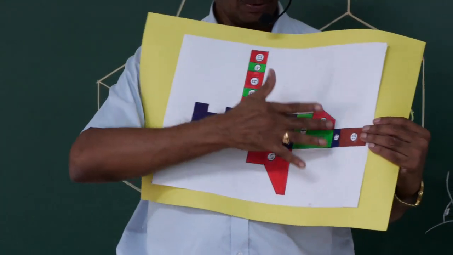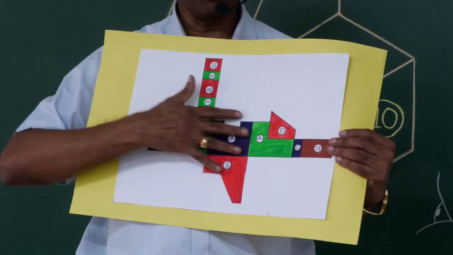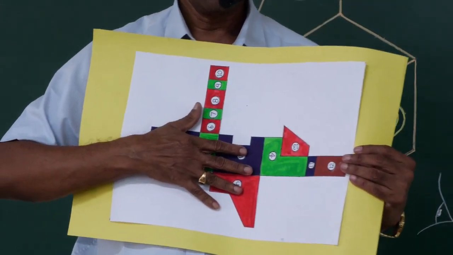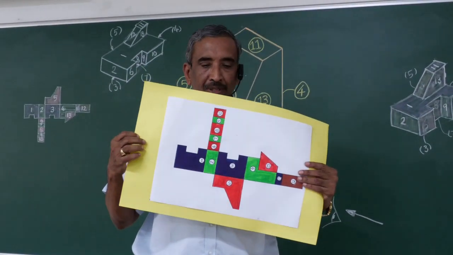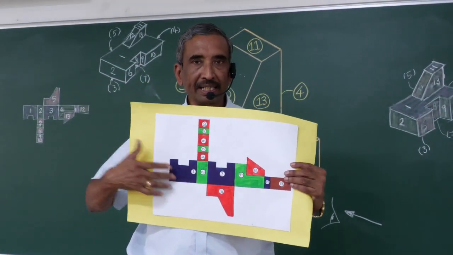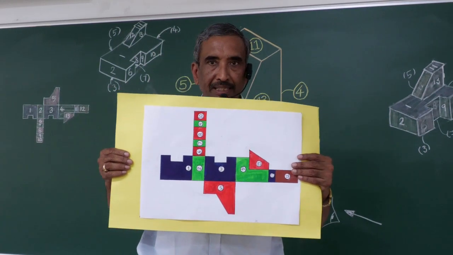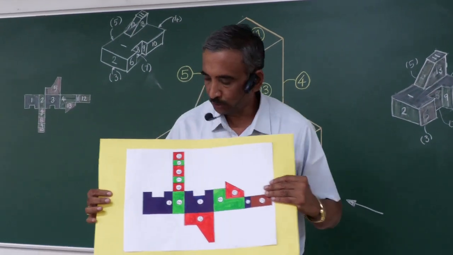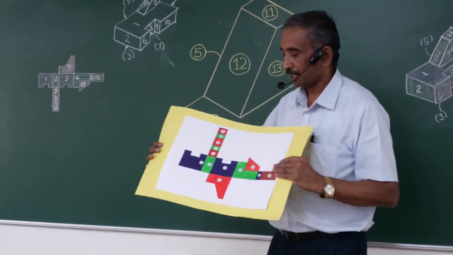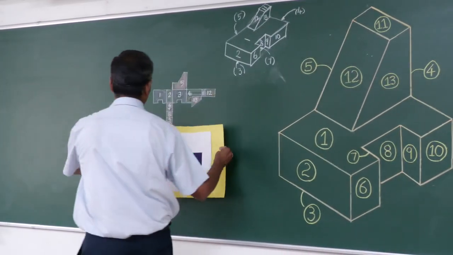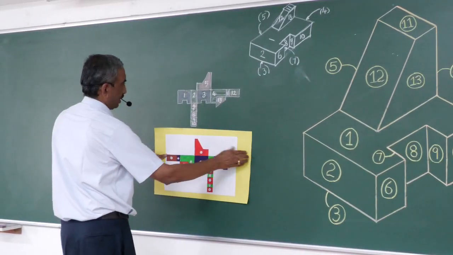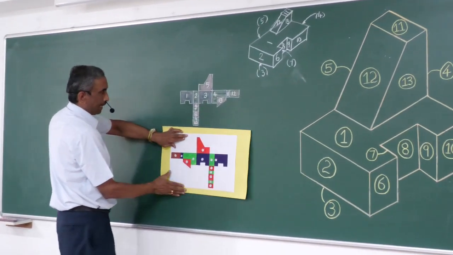So you take the printout of this development of the object, stick it on the chart paper, then you can do coloring as we have done. So this is what we have done, and now you can see these two are exactly matching.